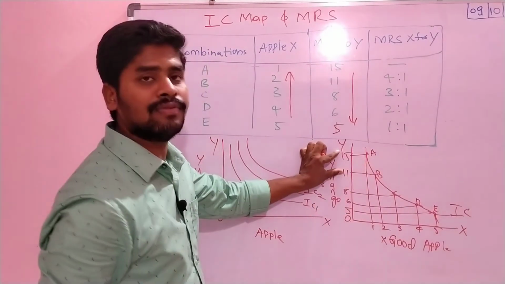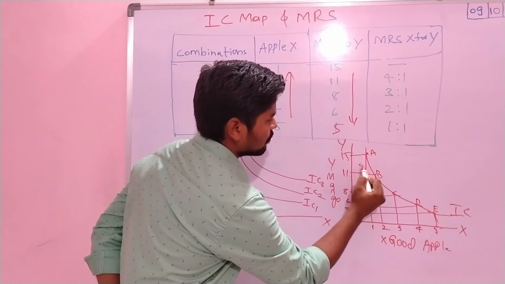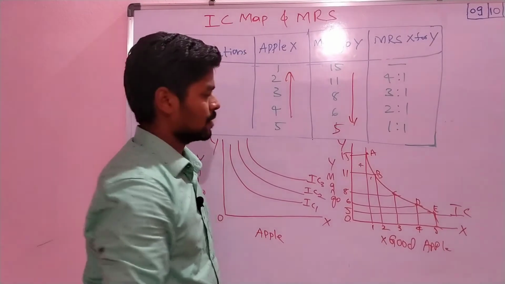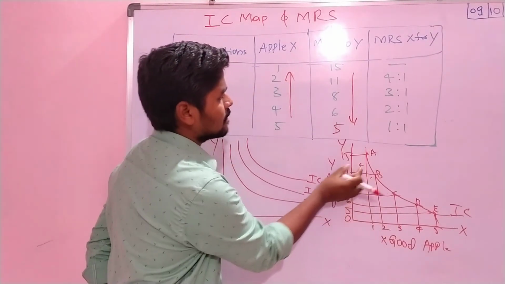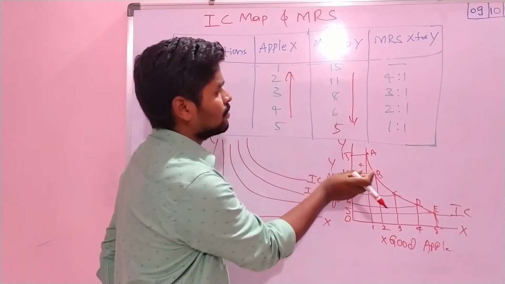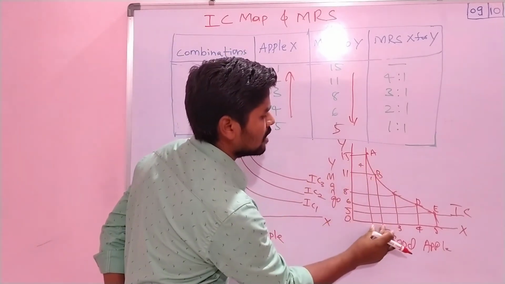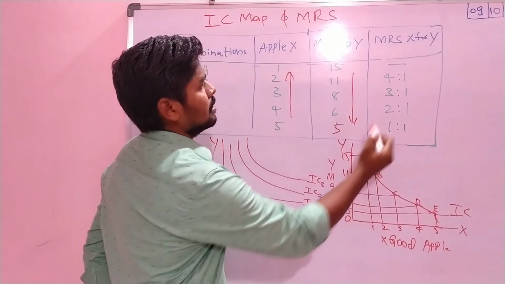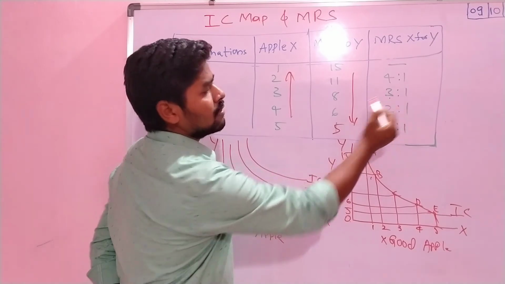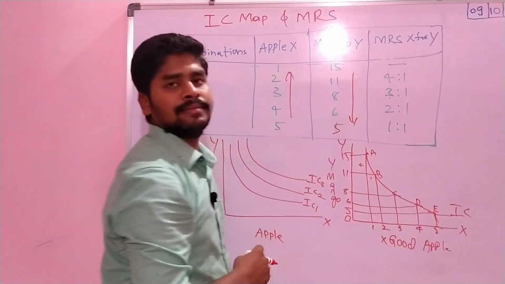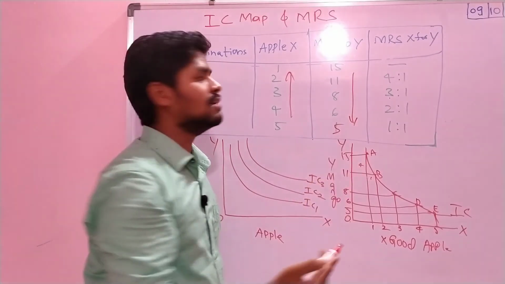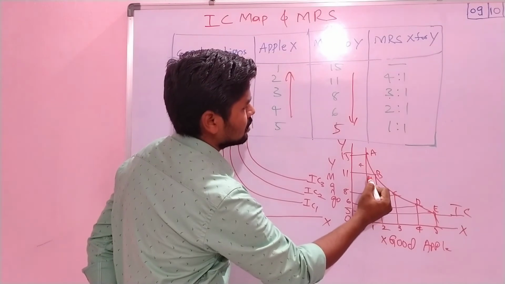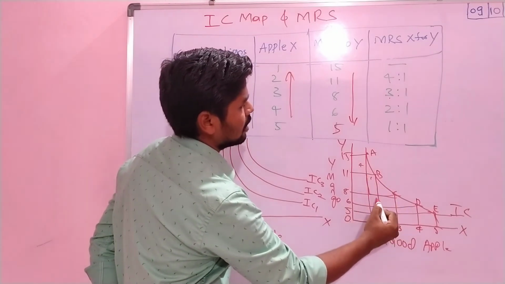See how many units we are forgoing here: 4 units of Y, mangoes, are forgone for 1 unit of X, one apple. Coming to the second one, 3 units of mangoes are forgone for 1 apple.